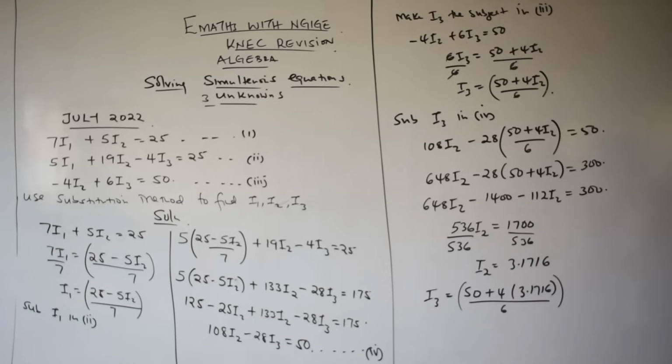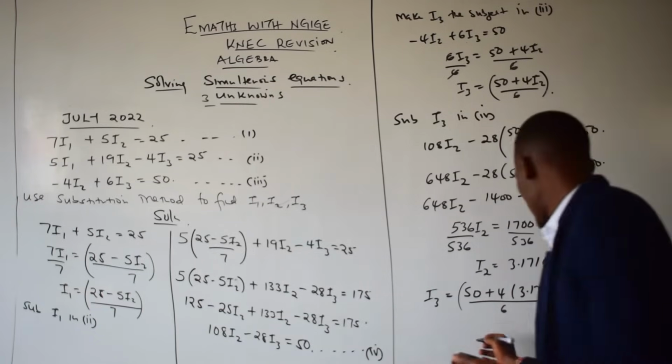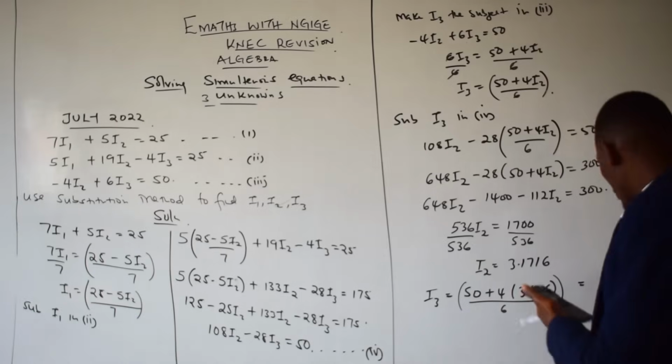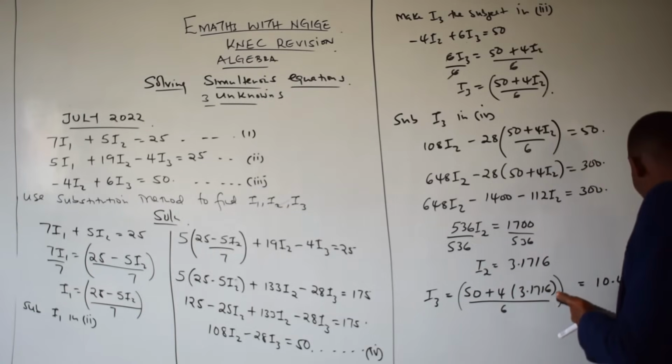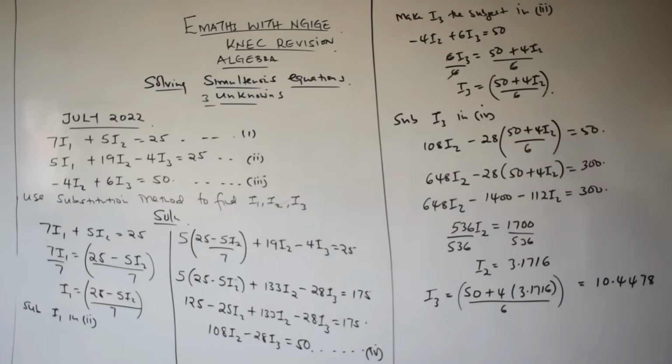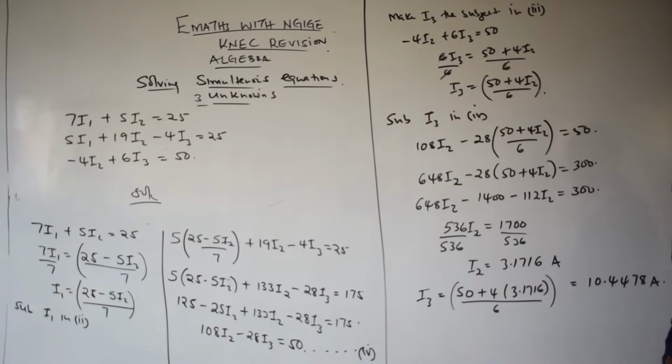So now that term there, you multiply by 4, then plus 50. So you add 50, then divide by 6, gives you 10.447 to 3 decimal places.